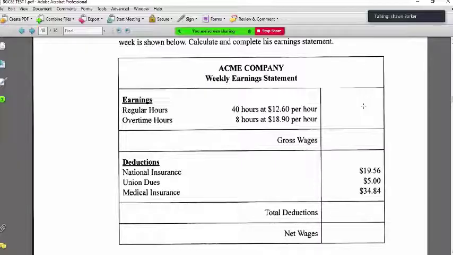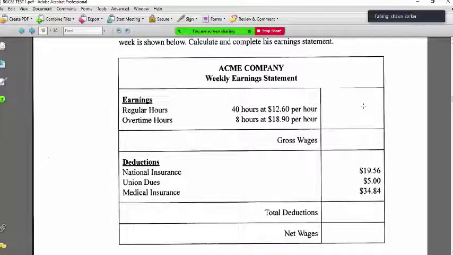And then 8 hours for overtime times 1890. That gives 151.2. So his gross wages will be 151.2 plus 504. So we get 655.2, and 20 cents.